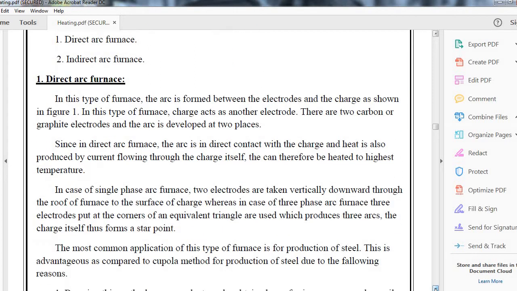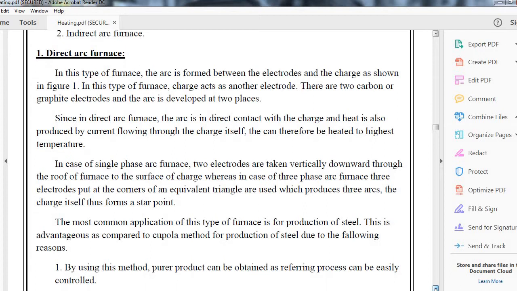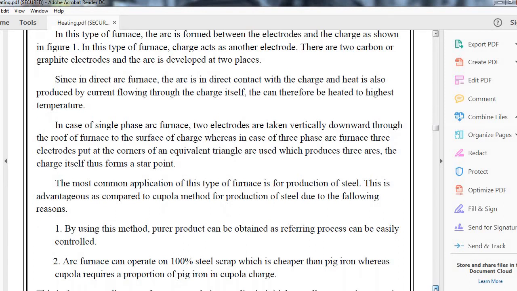In case of a single arc furnace, two electrodes are taken vertically down through the roof of the furnace to the surface of the charge, whereas in case of a three-phase arc furnace, three electrodes are put in the corners of an equivalent triangle, which produces three arcs, and the charge itself thus forms a star point. The most common application of this type of furnace is for the production of steel.